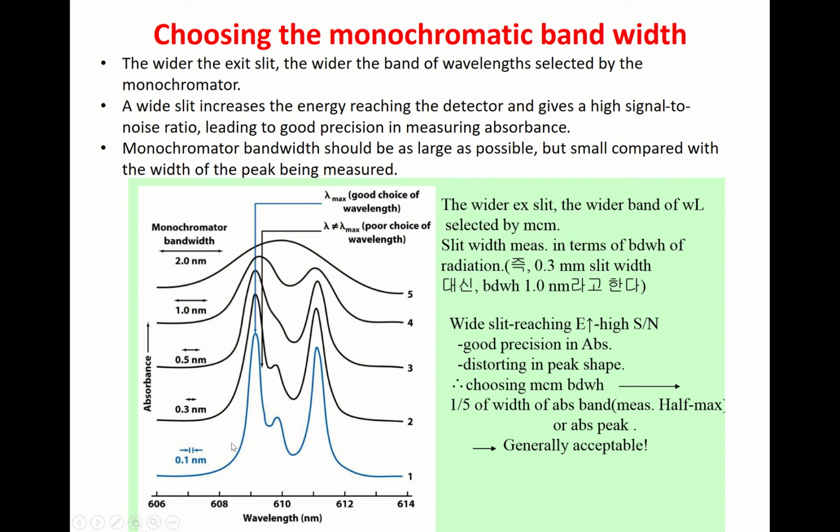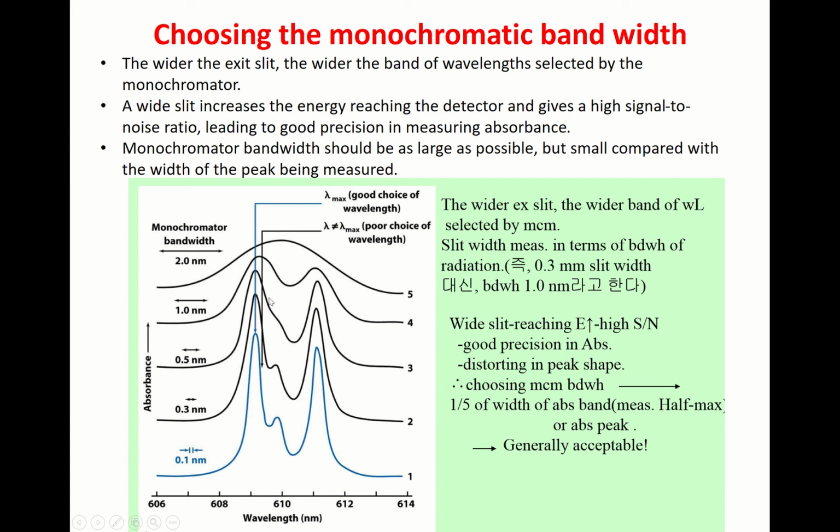Now you open up a little bit wider, and your bandwidth is, let's say, 0.3 nanometers, and this one has 3 peaks, but the second peak is not as well resolved as the first one. If you keep increasing the bandwidth, this one is smeared out.